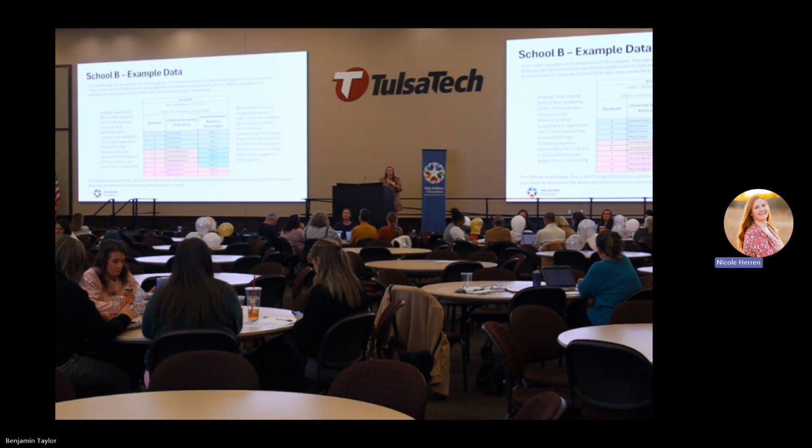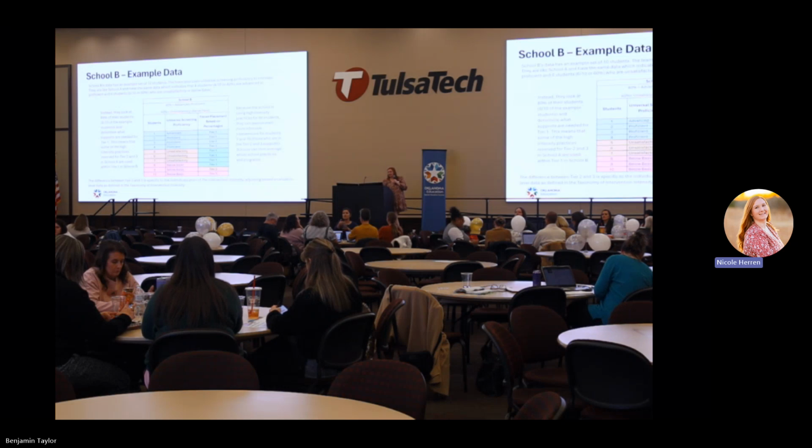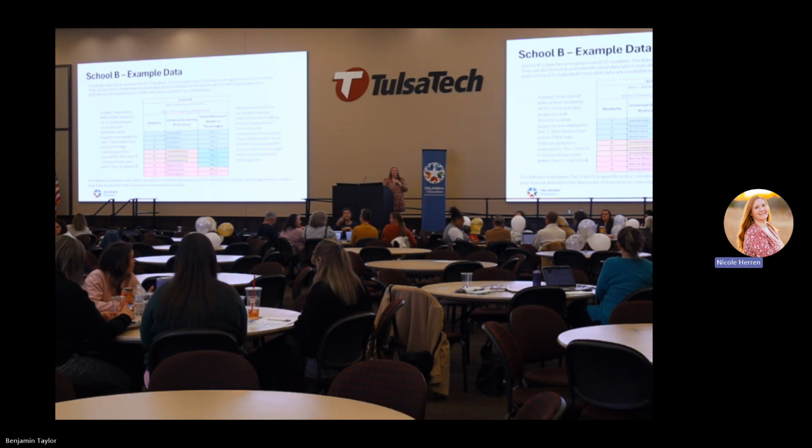Then I have school B. I'm sorry, there's a lot of words on this slide. But school B also has 10 students, and they're the same as school A. So you've got the 4 that scored advanced and proficient, 3 that scored unsatisfactory, and then the 3 that are below basic. But in this school, they have determined that 80% of their students need tier 1.